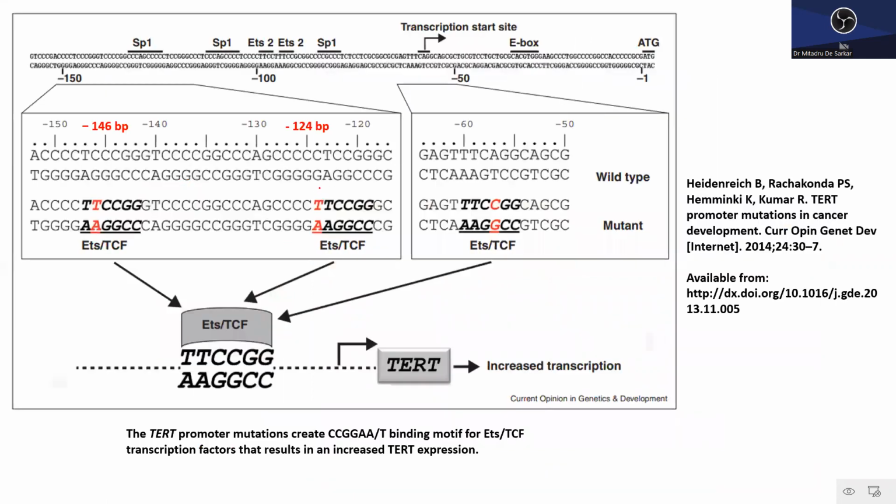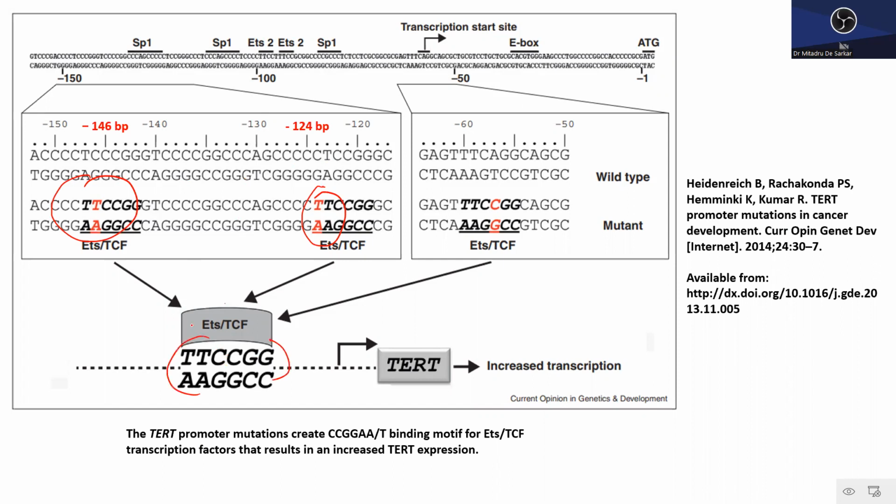So you see over here, you have these mutations at two sites. One is 124 base pairs before the promoter site, that is the site of transcription of the gene, and the other is 146 base pairs above.